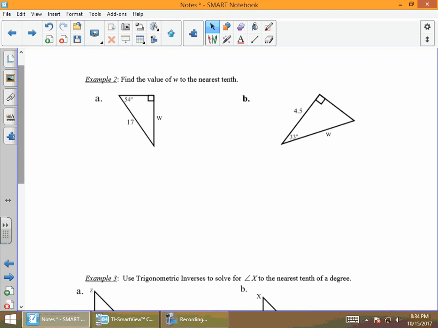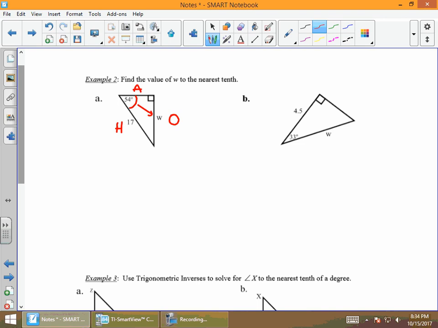So let's identify the angle in part A. It's 54 degrees. So the leg straight across, this one is opposite. The other leg that it touches is adjacent. And across from 90 is the hypotenuse.